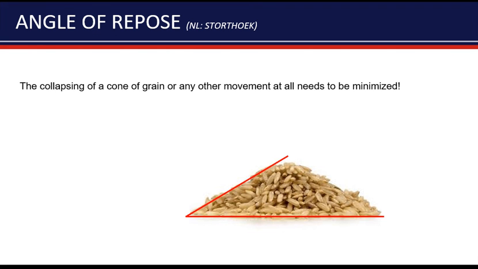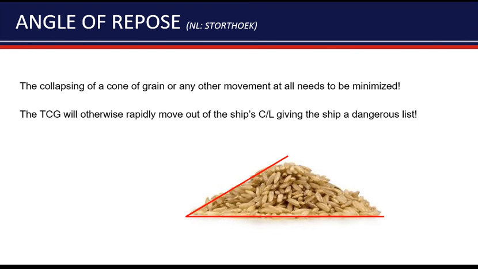The collapsing of a cone of grain or any other movement at all needs to be minimized. If we are seaworthy, the transverse center of gravity, de dwarsscheepse ligging van punt G, needs to be in the center line.